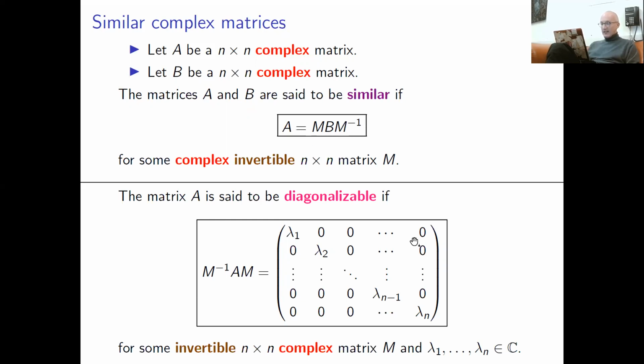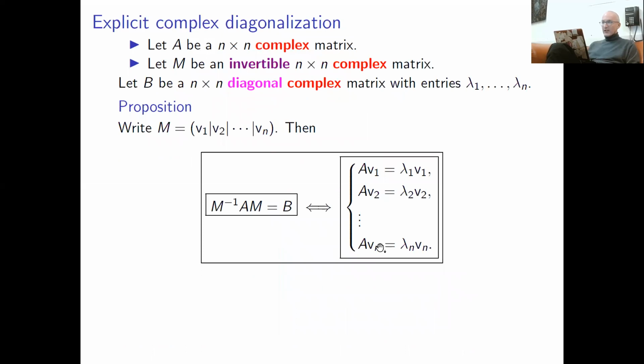Again, you cannot even assume that lambda 1, lambda 2, lambda n are real, because everything now is complex. Some of the numbers can be real, but some can be complex. So this is the same definition as for real matrices.